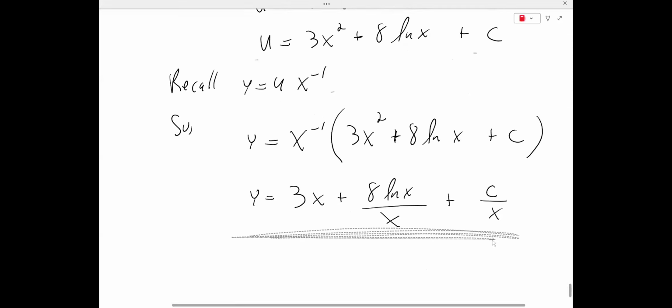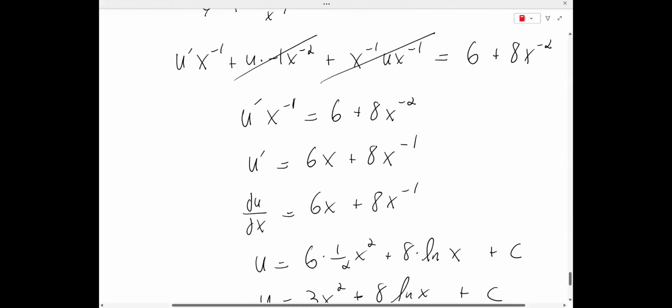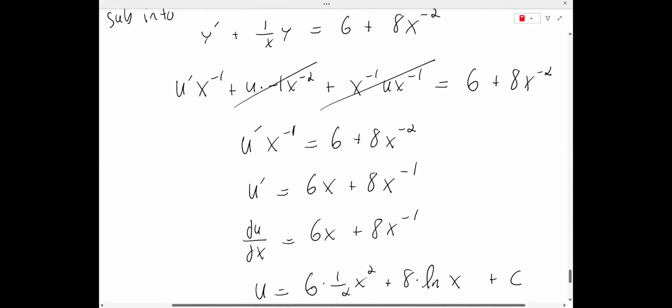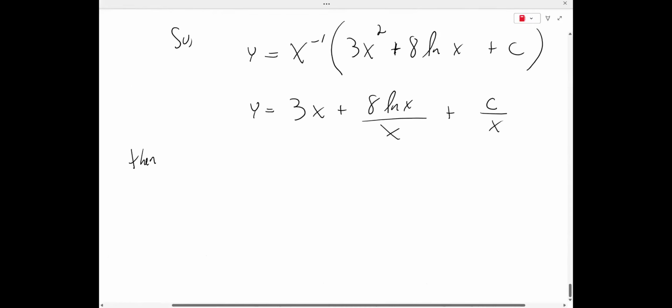But this is actually an initial value problem. We had a condition that it goes through the point 1, 0.